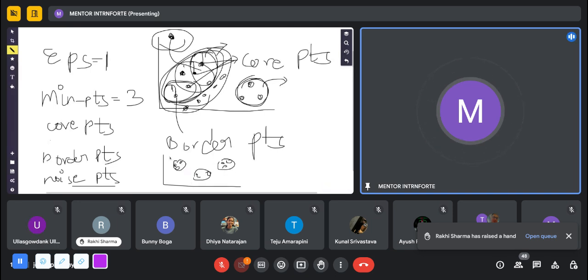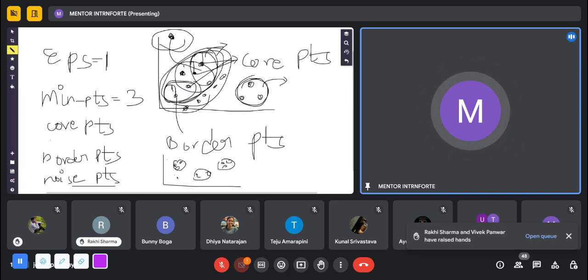Let's say you have 20 points over here, 5 points in this cluster, and 100 points over here, then DBSCAN can be problematic. And if they are not spherical in nature, let's say these are all rounded clusters, but if they are very close to each other with no spherical structure, then DBSCAN can be problematic. So these are the fallacies of DBSCAN.